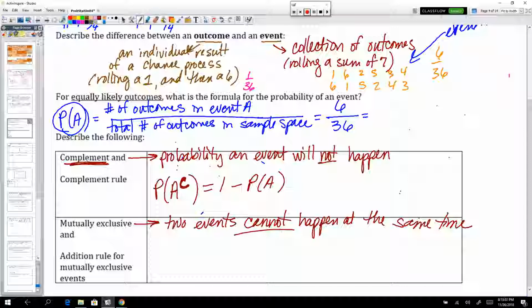An NFL team can be in the NFC or the AFC, but it can't be in both. So those are two mutually exclusive events. You're either an NFC team or an AFC team. In baseball, you're either in the American League or you're in the National League. You can't be in both. They are mutually exclusive. They have no outcomes in common.